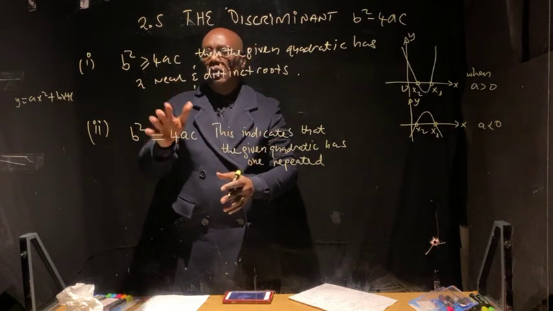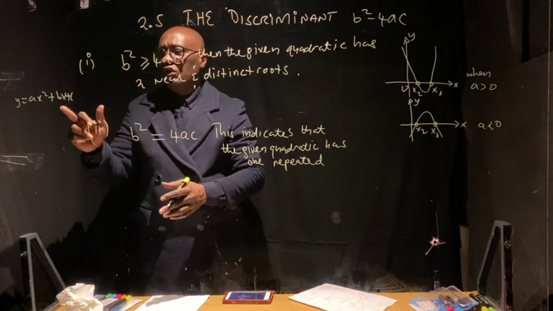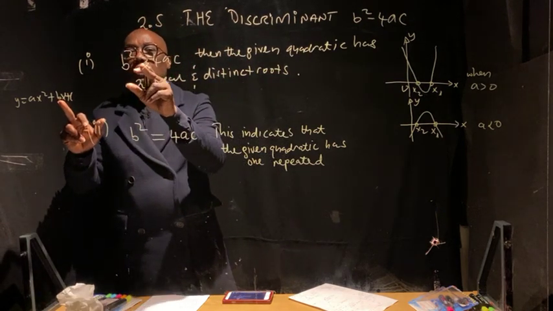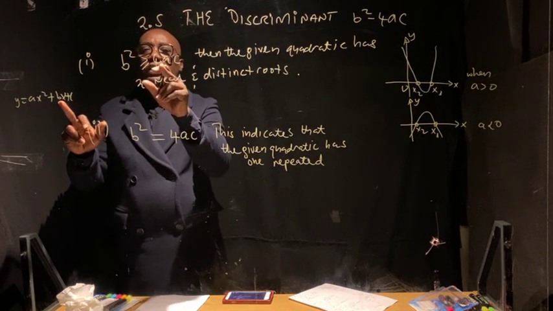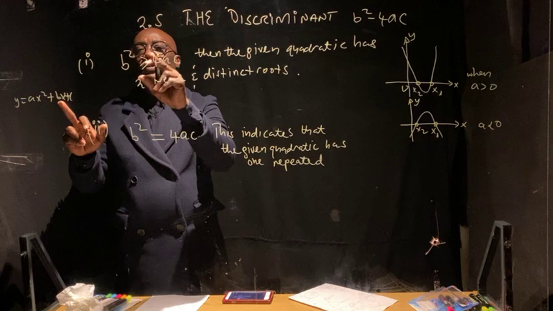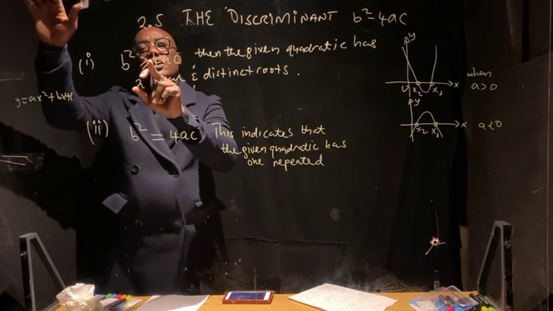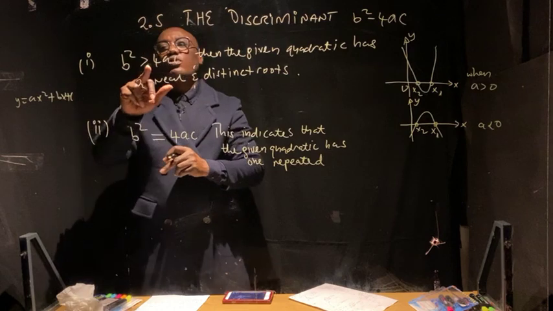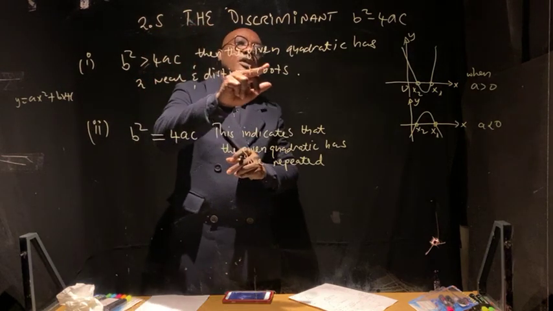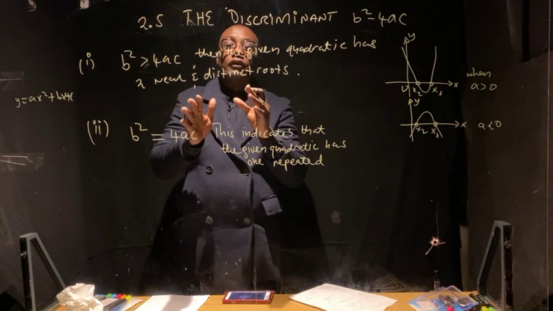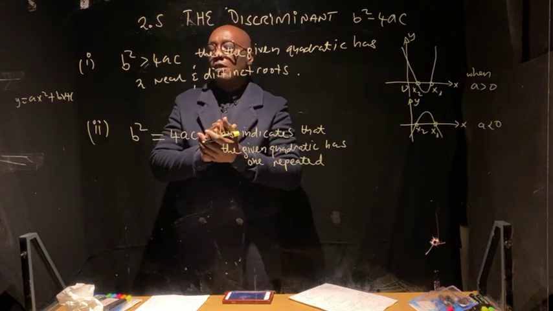The first one: when you pick up the coefficient of x and you square it, and it is greater than 4ac, then the given quadratic equation has two different roots, but they are real.